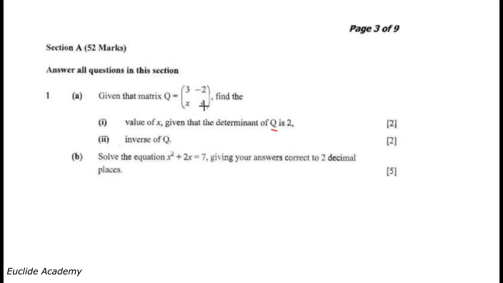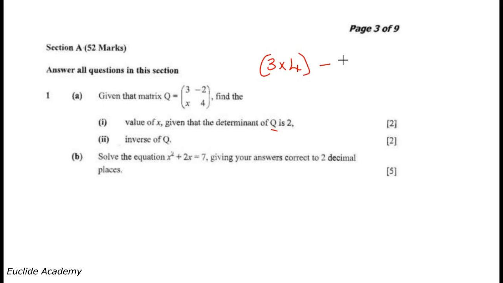So the determinant of Q, or of any 2 by 2 matrix, you simply have to multiply the numbers in this diagonal and then subtract the product of the values in that diagonal. So we are going to multiply 3 times 4, and then from there we're going to subtract -2 times x.